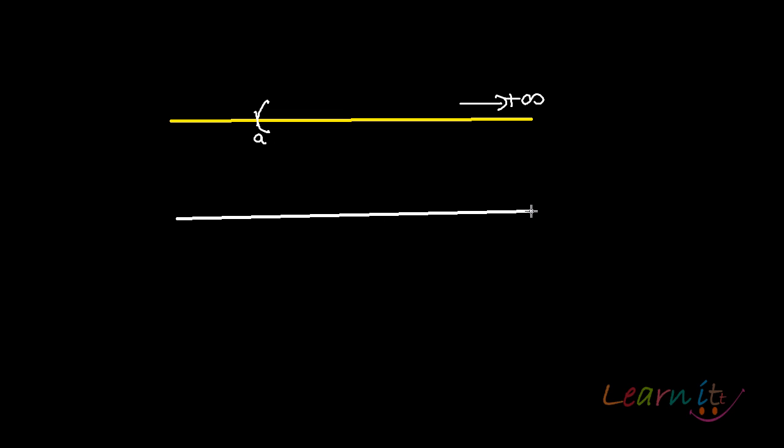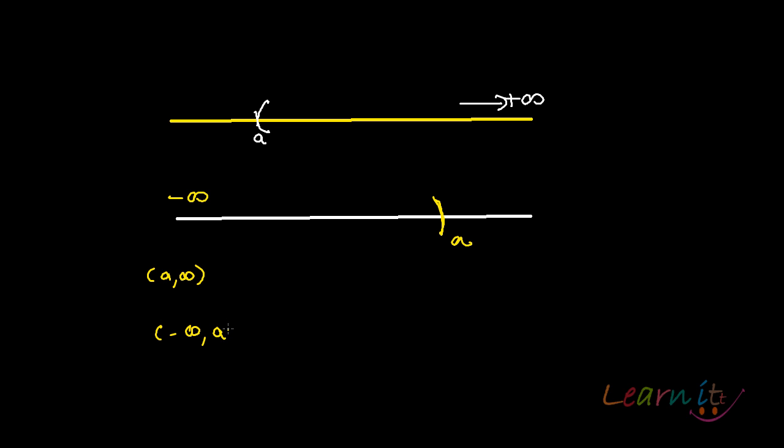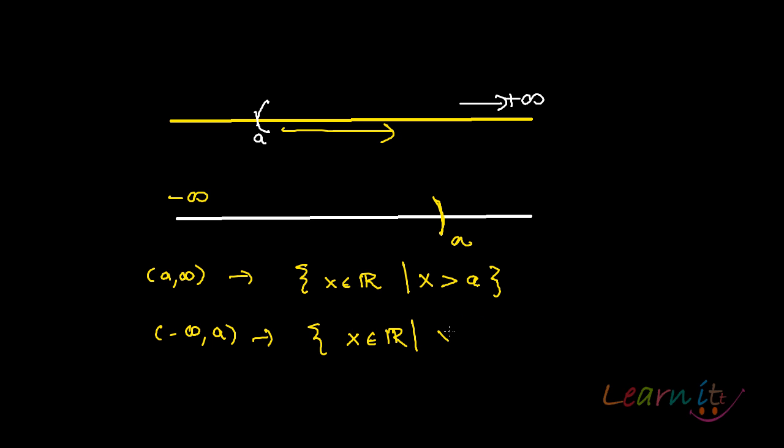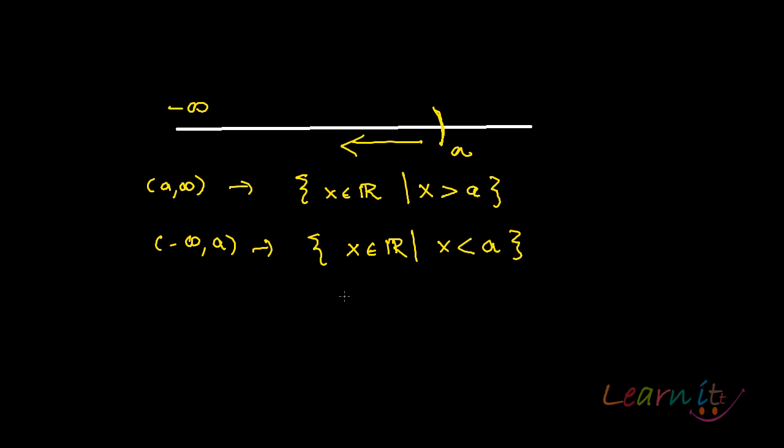Similarly, I can also have an interval that starts at minus infinity and stops at A. These two types of intervals are (A, infinity) and (minus infinity, A). The first includes all the real numbers greater than A. The second includes all the real numbers less than A.